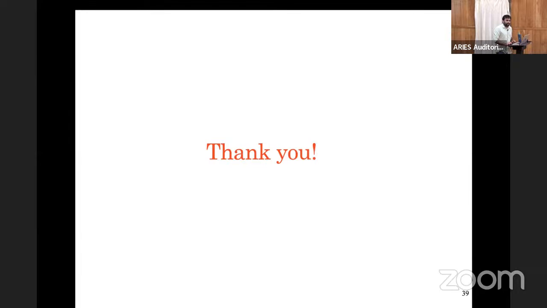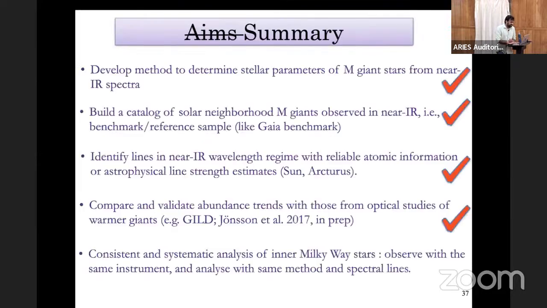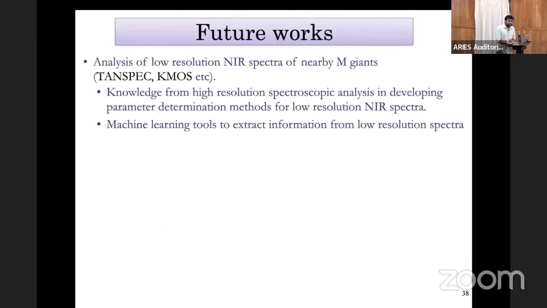So the tool you have developed, have you checked if you decrease the resolution, how sensitive the parameter estimations are? No, not yet. This is a project still in mind, which hasn't been developed yet. But if we get time, we will definitely try to do that.